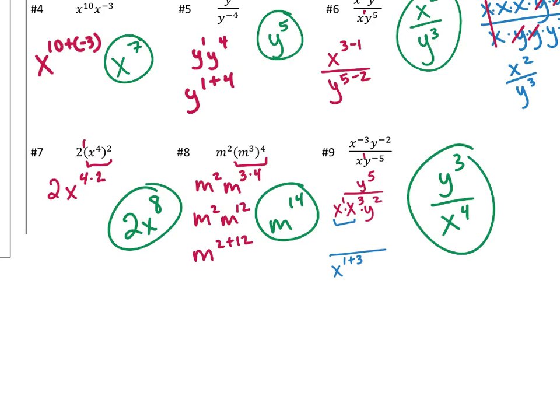So I will make that y to the 5 minus 2 on the top because these two here are a quotient. That means divide, right? They're divided. So then when I simplify, the top is 5 minus 2 is 3. So that's what I have here. And then the bottom has x to the 1 plus 3, which is 4 there.